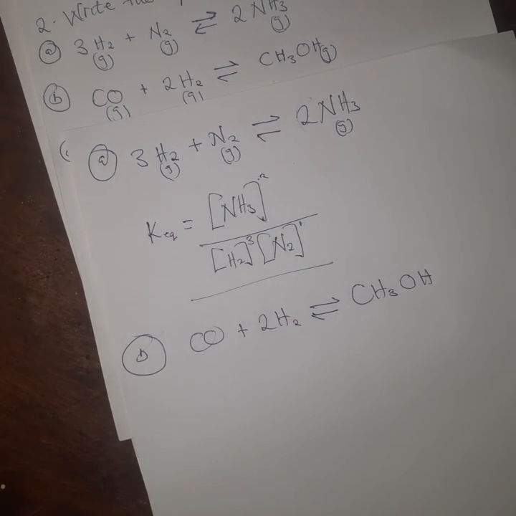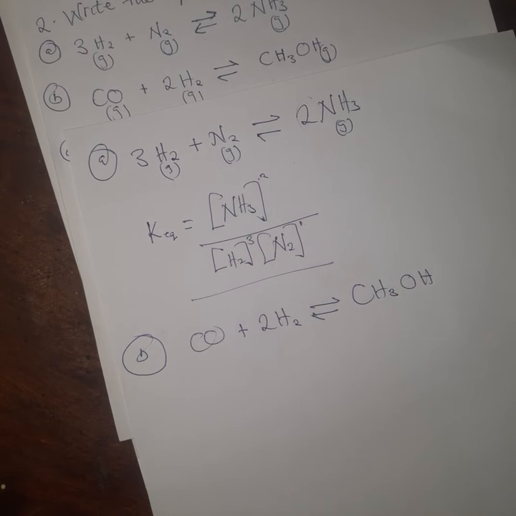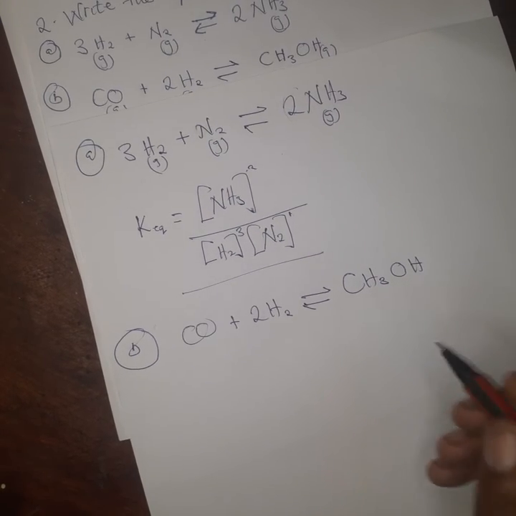Usually they will give you the balanced equation, but if it is not, you have to balance it. That's very, very important. Okay, so again, we're going to do the same.